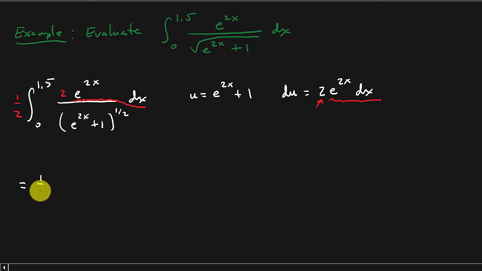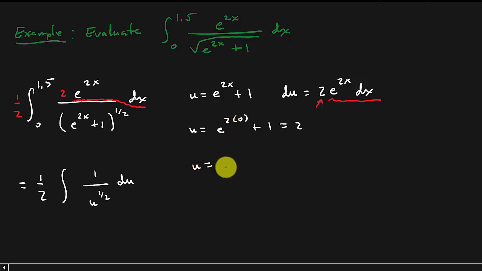And so this is going to be 1/2 times the integral of 1 over u to the 1/2 du when I make my substitution. U is equal to e to the 2 times 0 plus 1, which is e to the 0 is 1, 1 plus 1 is 2.